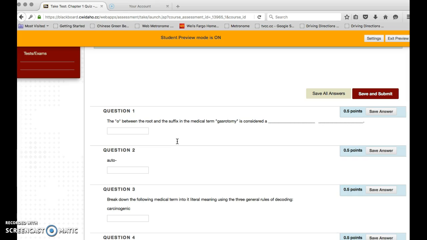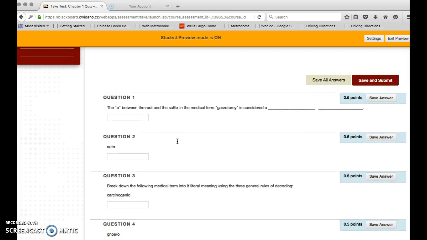Each of you will have randomized questions, so you won't have the same question for number one as another student will, but there's enough crossover that I think I can help make my point. So for this question, the O between the root and the suffix of a medical term, gastrotomy, is considered a combining vowel. Most of you got that.